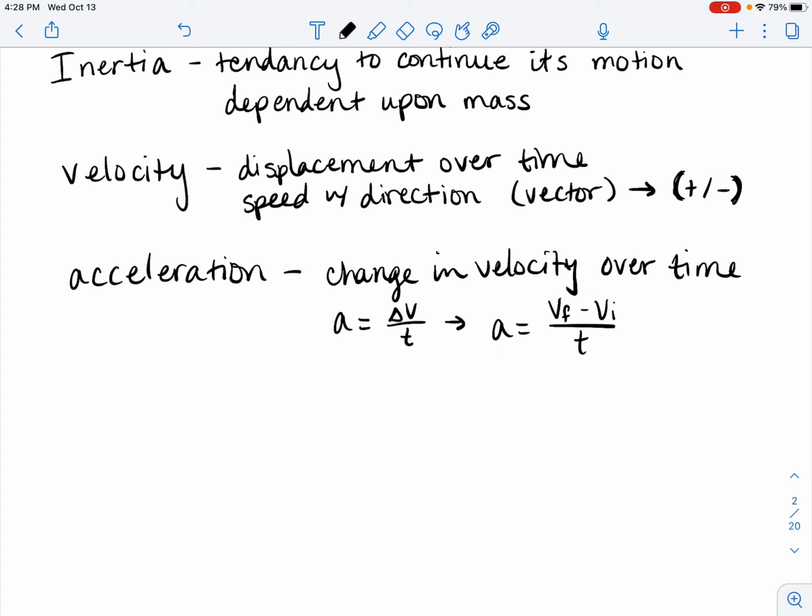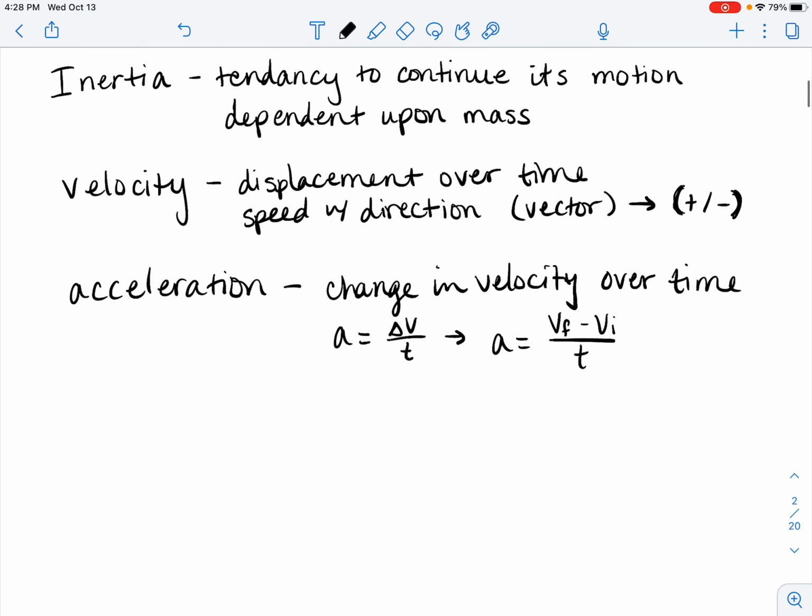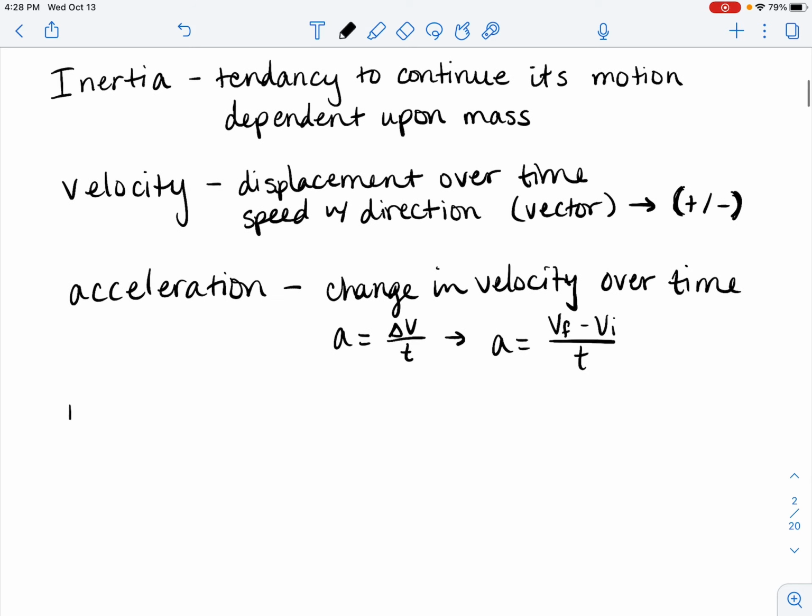And remember that acceleration is not a natural thing. Naturally, objects have inertia, where they want to continue with the same speed and same direction. So objects naturally want to maintain a constant velocity. So if an object experiences an acceleration, there has to be something that created that acceleration.